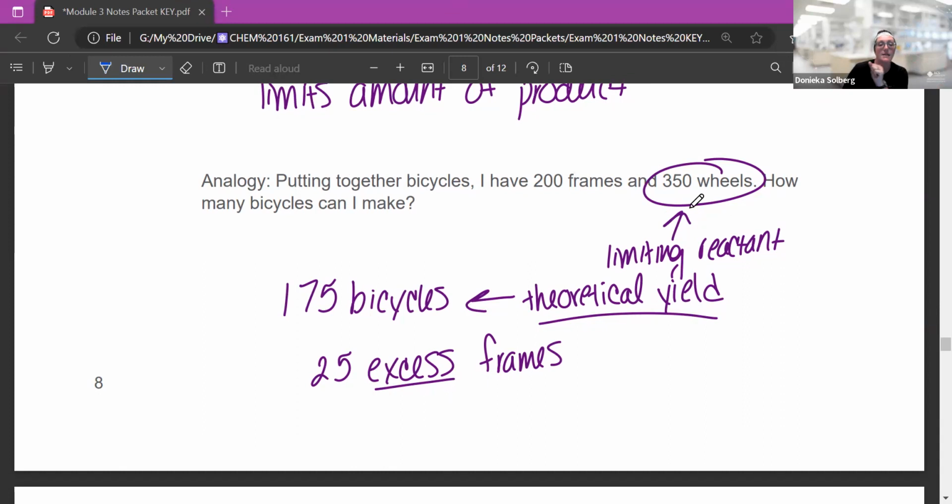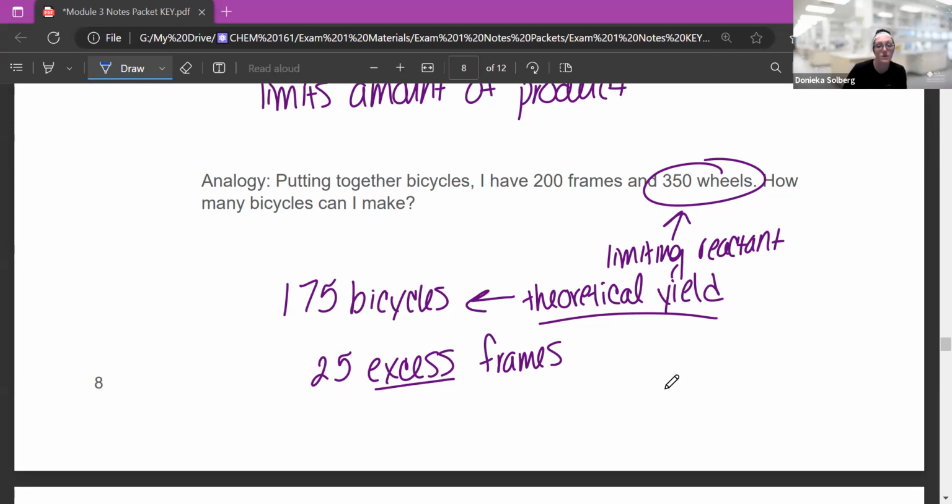So this limits the amount that I can make. My theoretical yield, or theoretically, if everything was great, I could only make 175 bicycles and I would have 25 excess frames. If I'm making 175 bicycles, I obviously need 175 frames, so I did 200 minus 175 to get 25 excess.